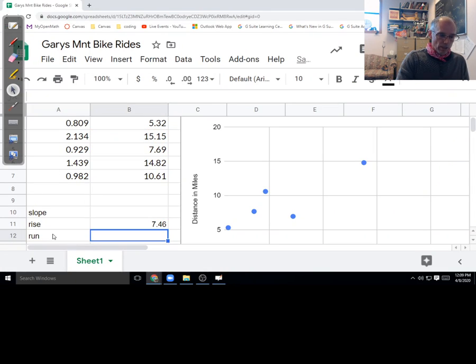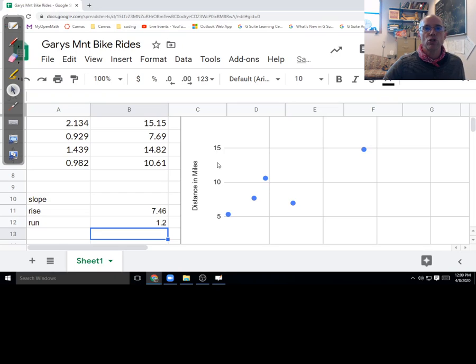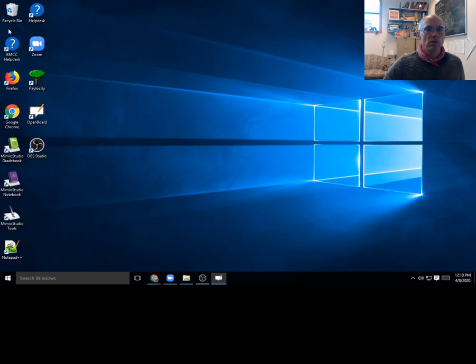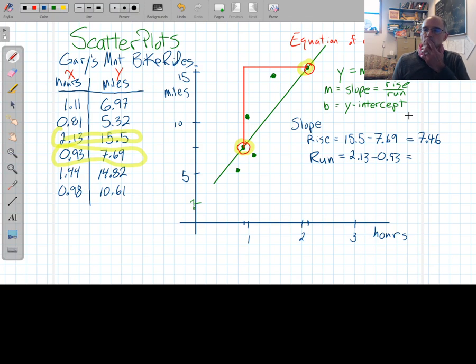Run equals 2.13 minus 0.93. And I'm actually typing the numbers this time because I have slightly different versions of them up there. I get 1.2 if I did that right. Does that seem about right? Yeah, that does seem about right.